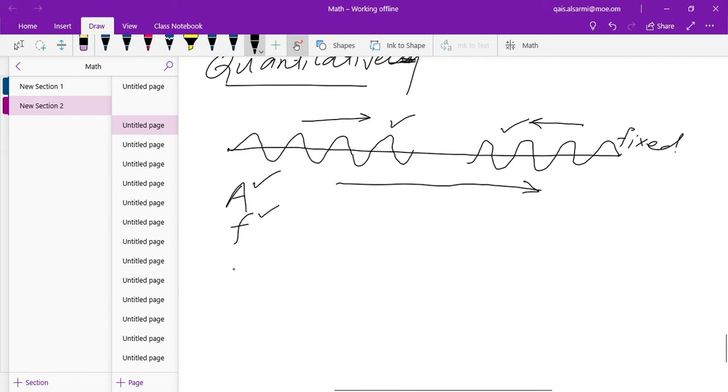Number three, the speed of these waves is the same. So both of these waves have the same amplitude, the same frequency, and the same velocity, and they are traveling opposite to each other. Now if these two waves superpose with each other, they are going to form a standing wave.